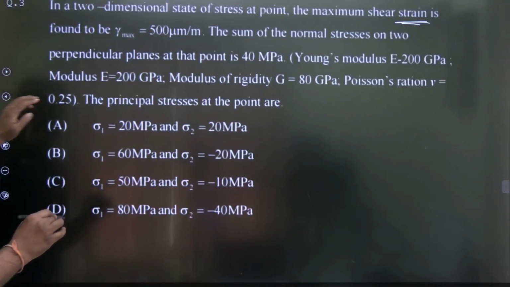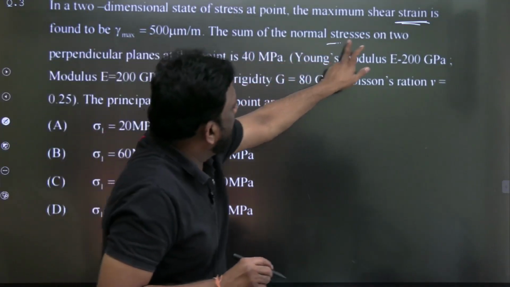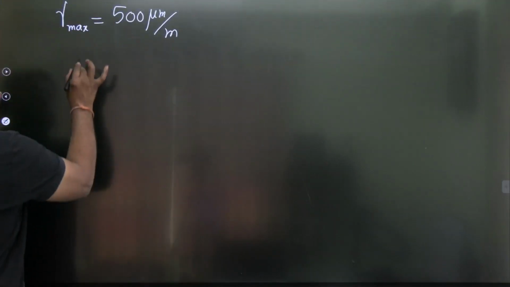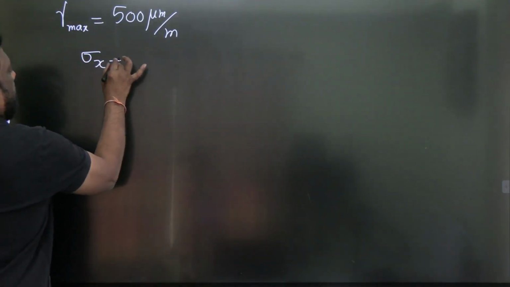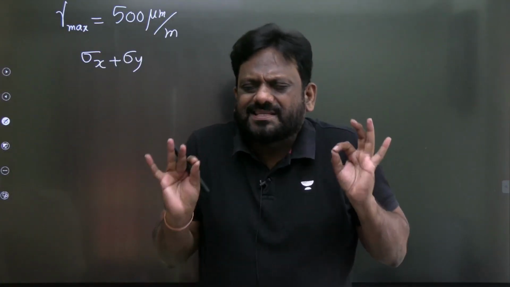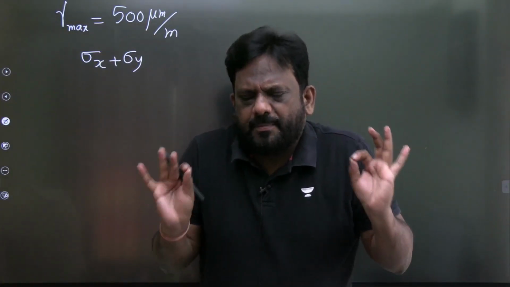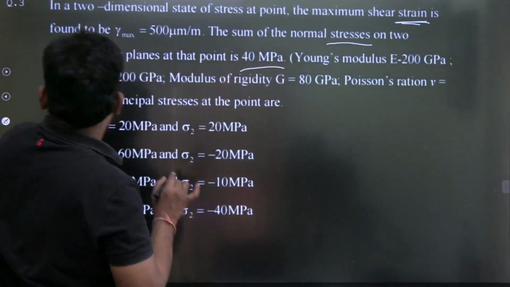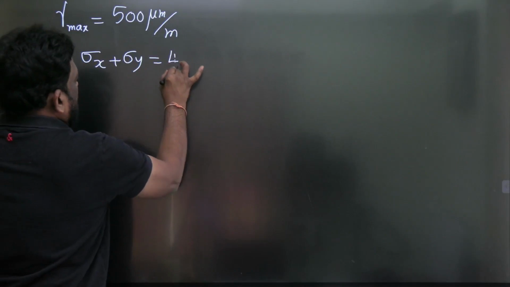And the sum of normal stresses on two perpendicular planes is 40 megapascal. So sigma x plus sigma y, let sigma x and sigma y be the normal stresses on any two mutually perpendicular planes, is given as 40 megapascal.